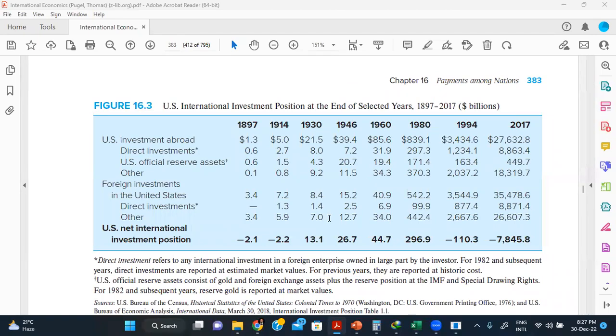It started in 1914 and it continued till 1919.